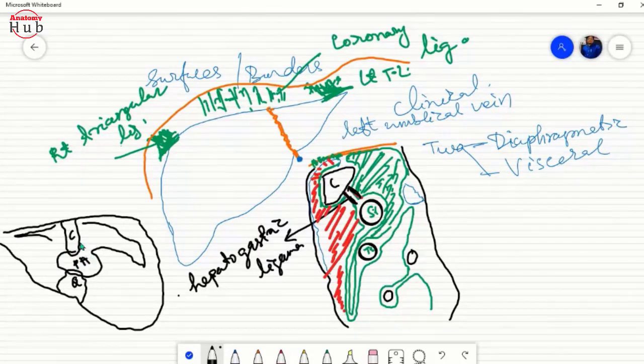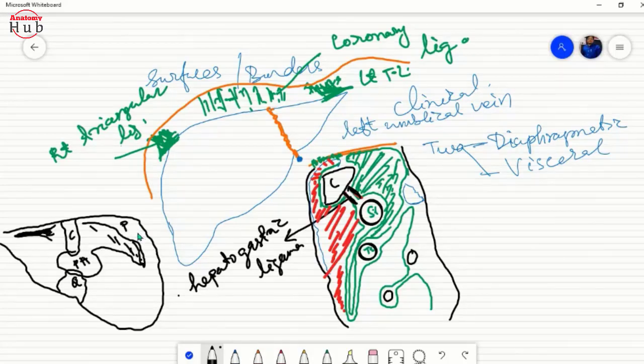So this is your left triangular ligament, and this is your right triangular ligament, and this area is the posterior surface, which is related to your diaphragm. So this comes under the diaphragmatic surface, right?